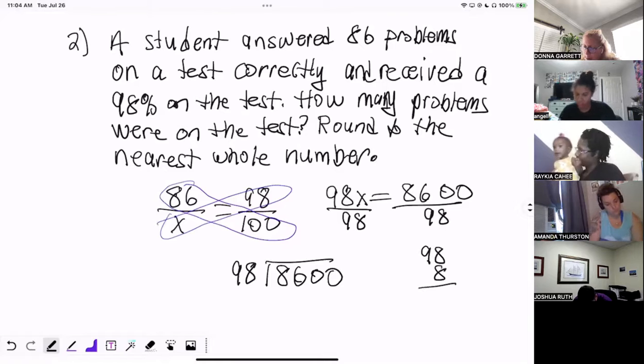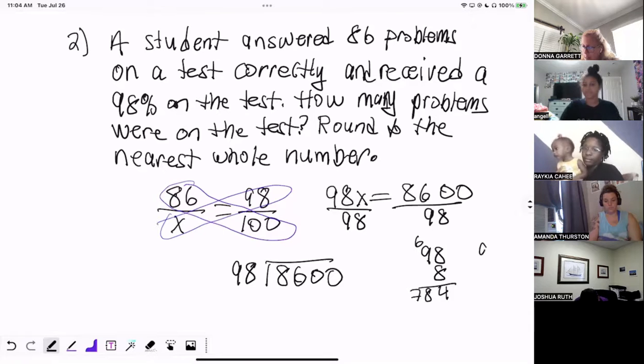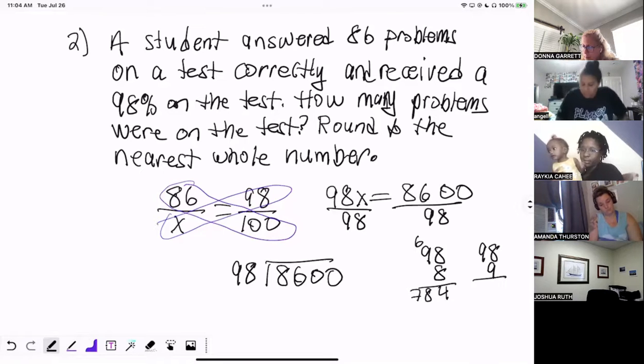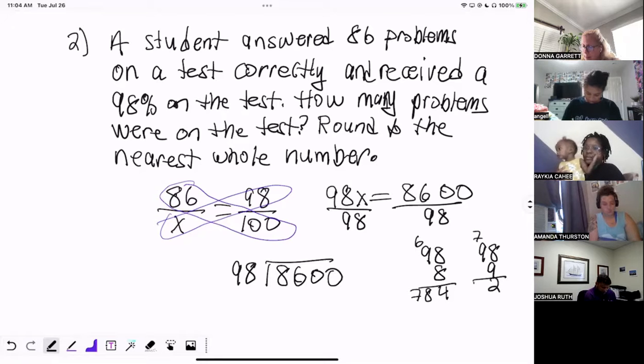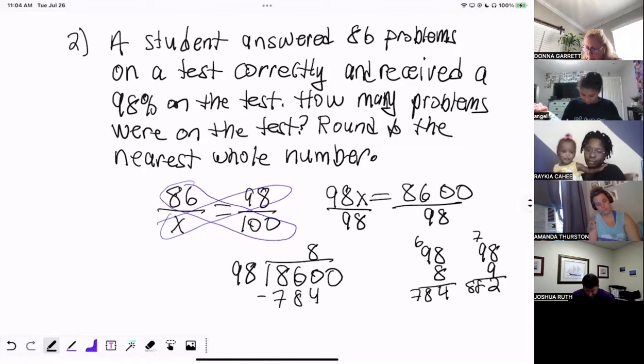Let's do 8 first. 8 times 8 is 64, 72, 78. What's 9? 72, 81, plus 7 is 88. That's not 7, it's 8. 784.